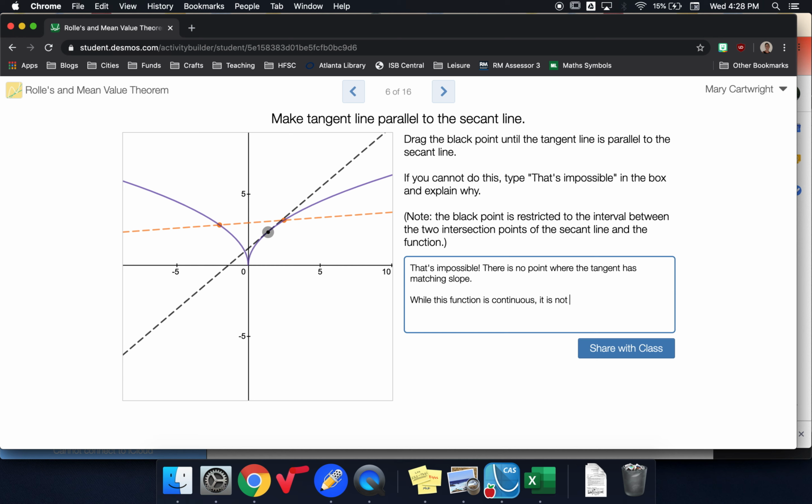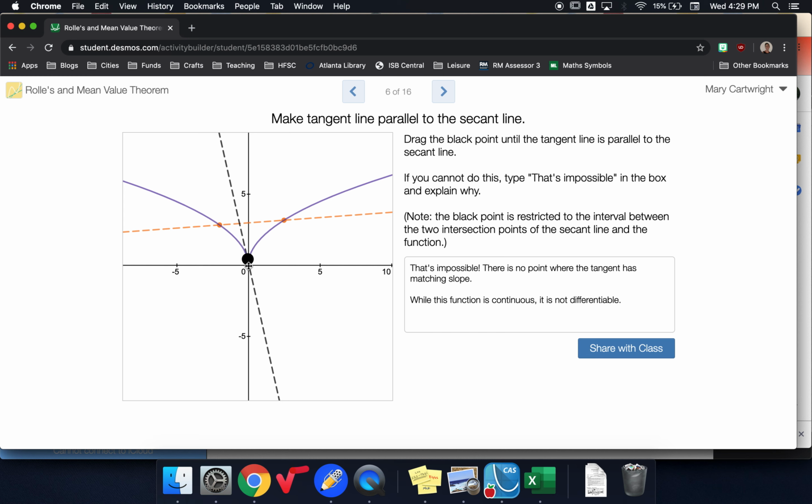It is not differentiable. So I see that it's not differentiable at x equals 0 because I go from a negative slope to a positive slope at that one point. So no tangent right when x is 0. And I can see that my tangent line disappears when x is 0 because the slope does not exist there.